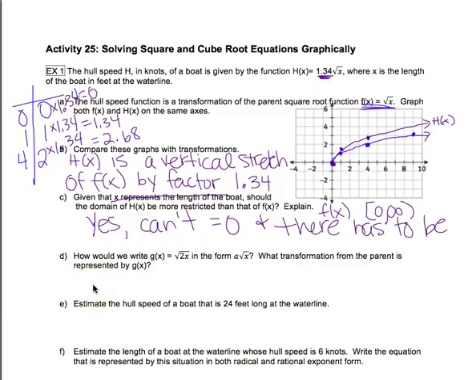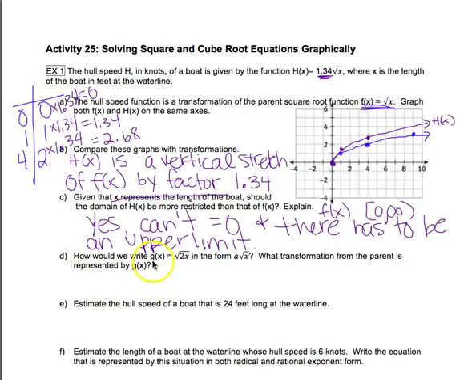How small could you make a toy boat and still have it actually be a boat? We don't know that, but we do know it has to be bigger than 0 and that it can't be infinity either. So we've got an upper limit, we've got a lower limit. So we know it has to be more restricted because of the real life situation. So that's always important when we're talking about interpreting.